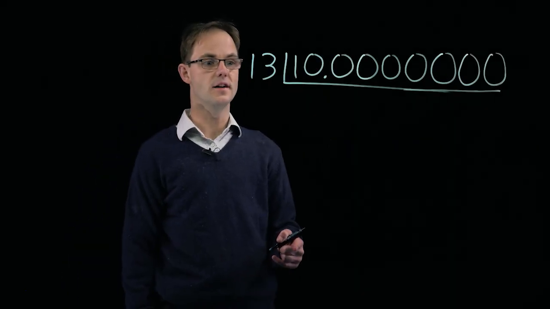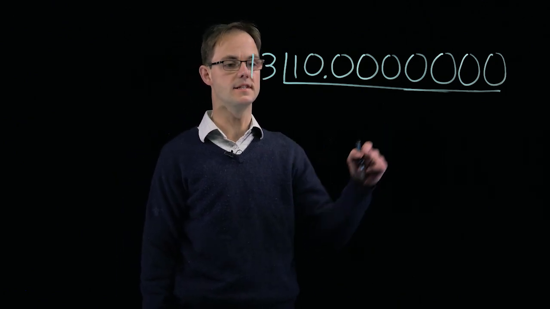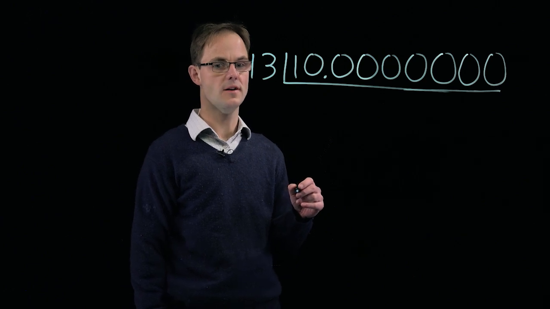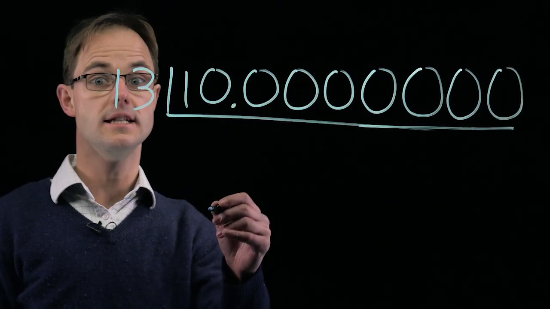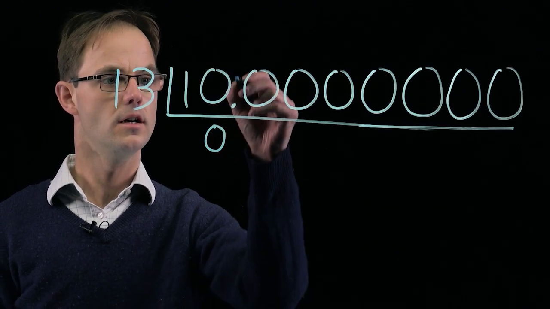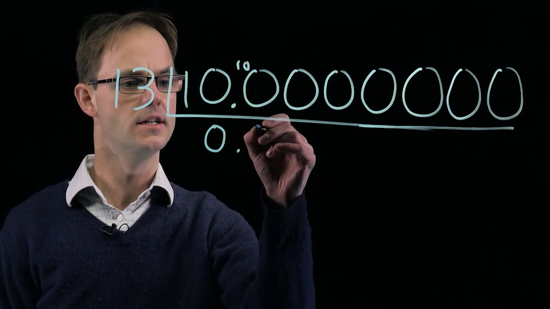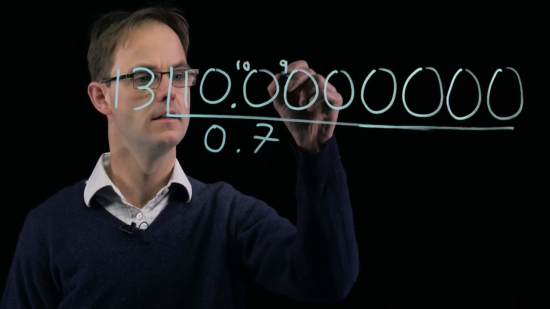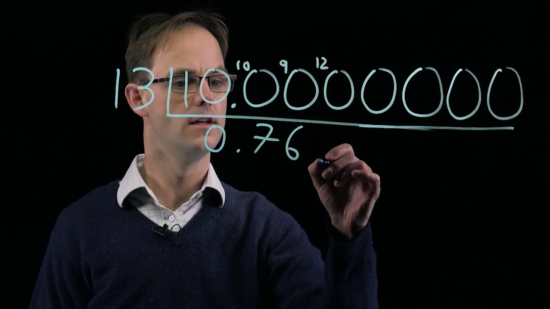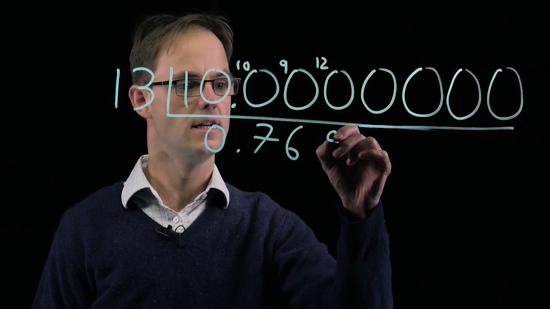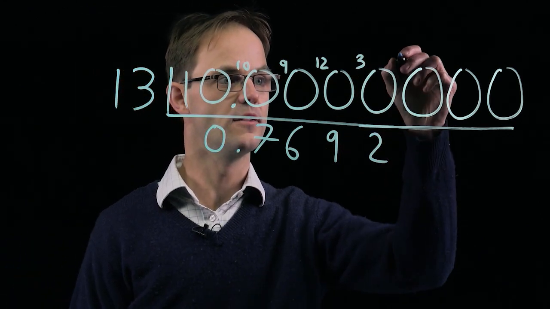Okay, so I'm going to divide 10 by 13. I've set it up so that my answer will appear underneath the 10, leaving a little more space for the remainders above, and it might be useful to have the 13 times table on a piece of scrap paper. 13s into 10 goes 0, remainder 10. 13s into 100, 7, remainder 9. 13s into 90, I think, goes 6, remainder 12. 13s into 120 is 9, remainder 3. 13s into 30 is 2, remainder 4.